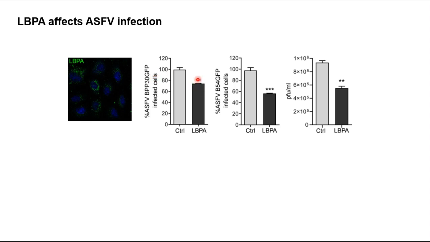So maybe the entry, or maybe the step related to the endosomal traffic of the virus through the endosomes, but also the late stages in the viral cycle are affected, like the p54 protein expression, which is expressed during the replication of the virus, but also the DNA amount of the virus.